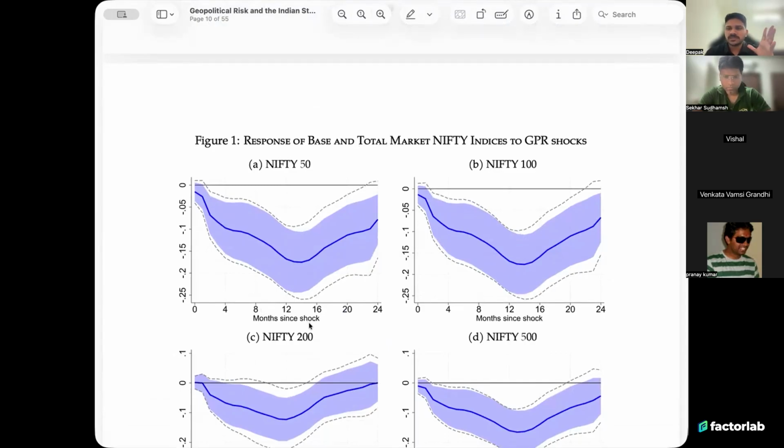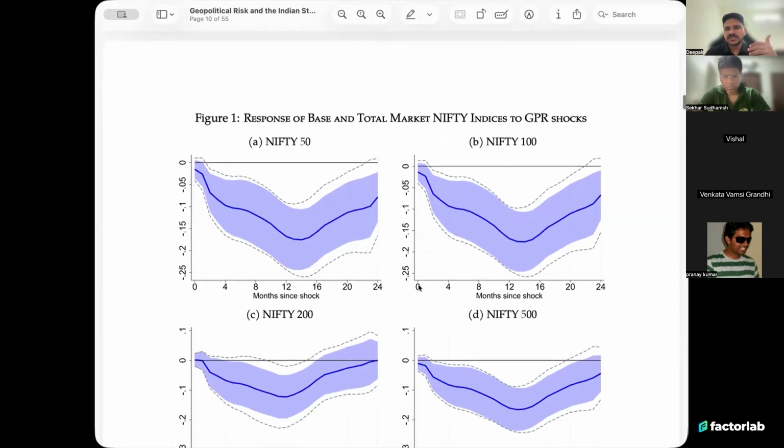Geopolitical risk is measured based on the top 10 newspapers in the world, the number of articles they publish related to war over the number of total articles. So it's a simple index which talks about the sentiment or the war-related happenings. And here you can see that, since any geopolitical shock, Nifty 50 climbs down, and it takes many months to actually recover since the shock.